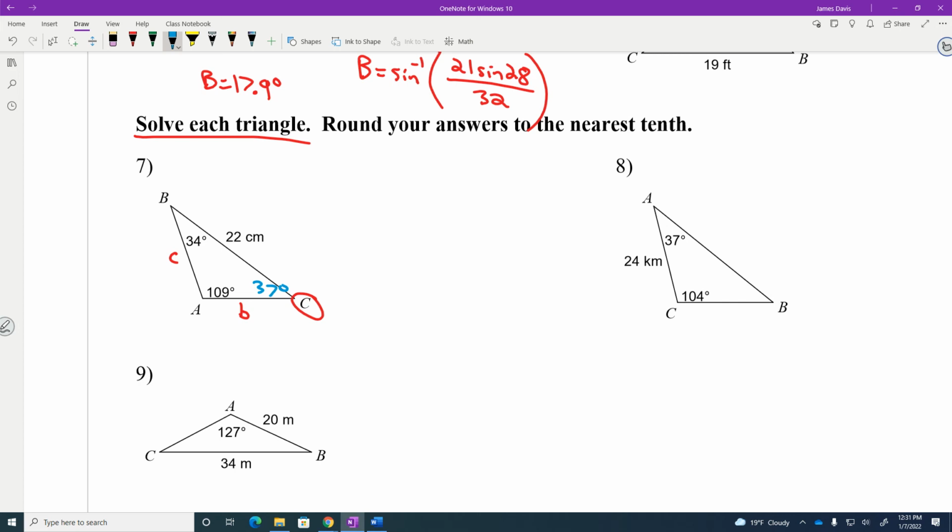All right, so we take our pair, sine of 109 over 22. And to get little b, we've got to use big B. Cross multiply. Sine of 109 times b equals 22 sine of 4.